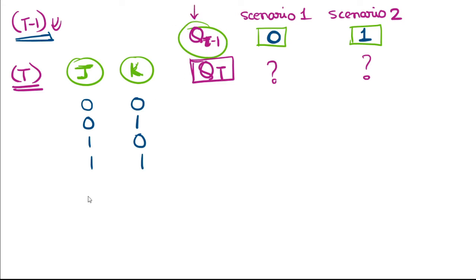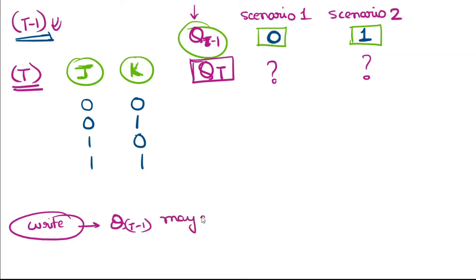So write means qt minus 1 may or may not be equal to qt.